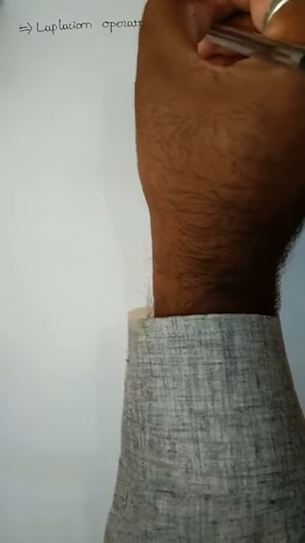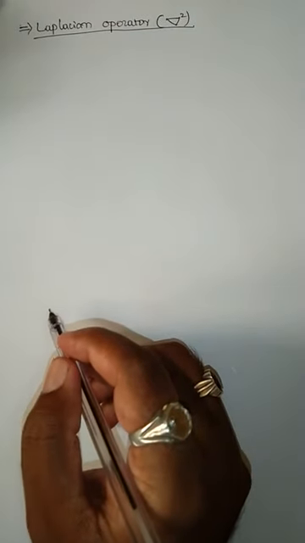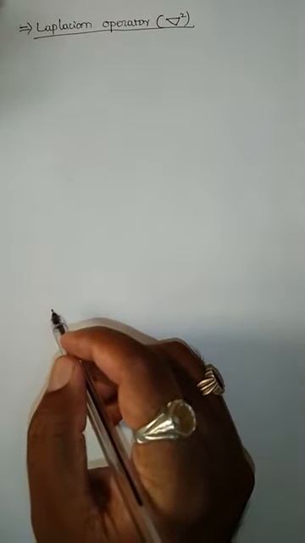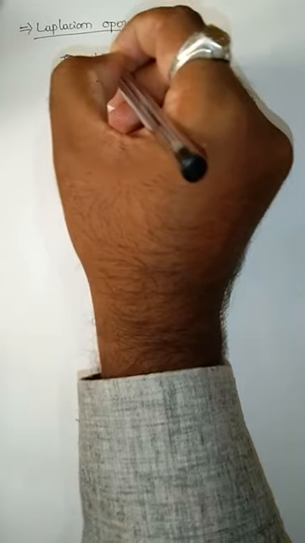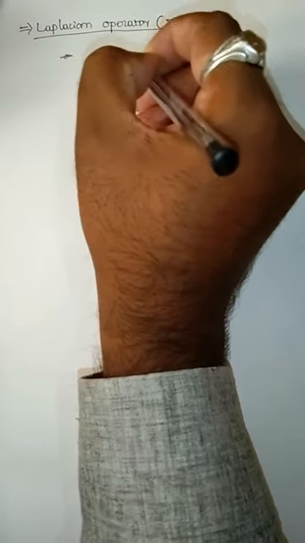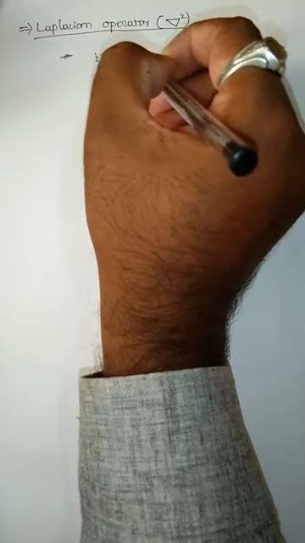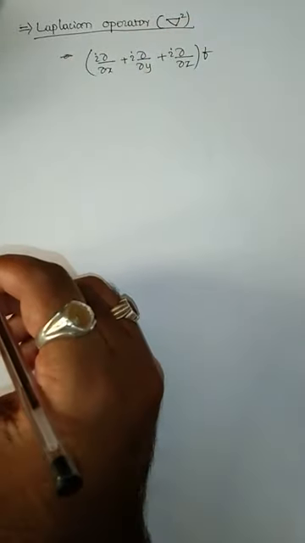Which is indicated with the symbol del square. So in mathematics, for a three-dimensional coordinate, the differential operator, that is i dou by dou x plus j dou by dou y plus k dou by dou z, is acting on a function f.